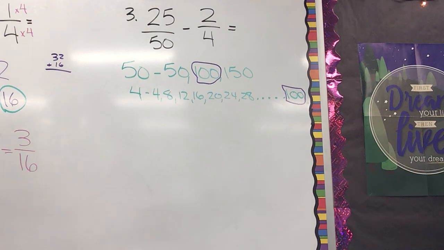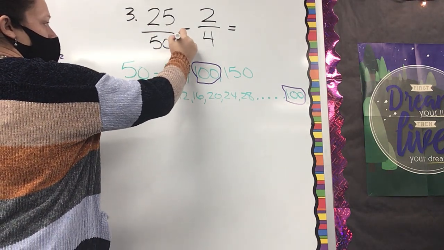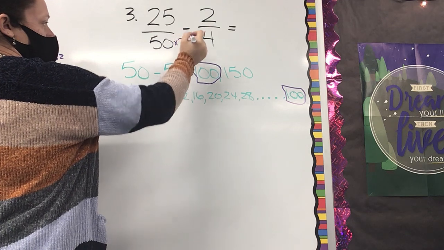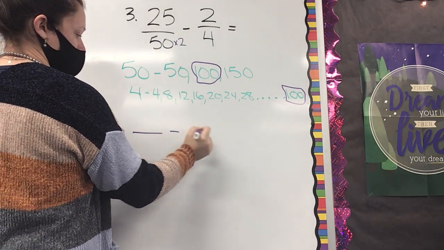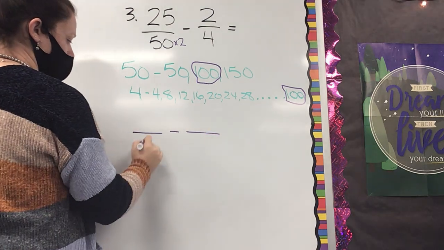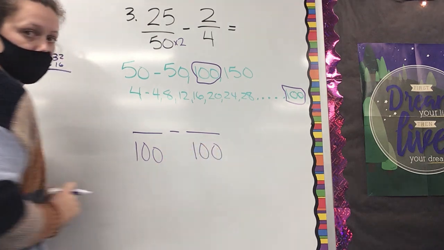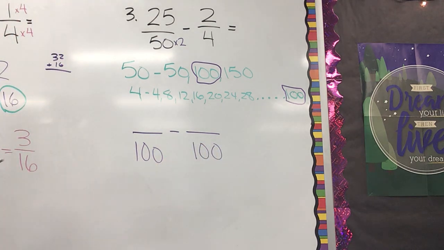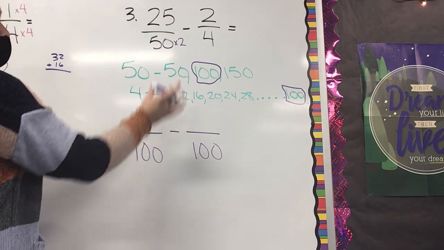All right. So how can I change this 50 to 100? I multiply it by 2. Sometimes I do this. I know that both these are going to become 100, so you could write this in now. Because 50 times 2 is 100.